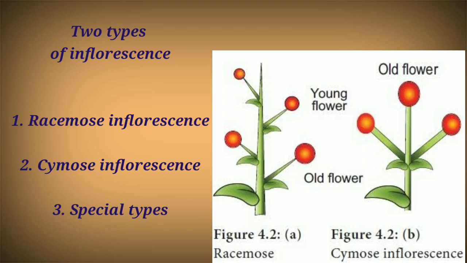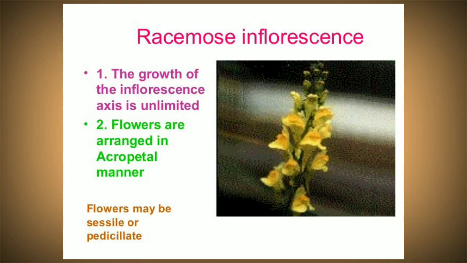Now let's first discuss the racemose inflorescence. In the racemose inflorescence, the main axis, that is the peduncle, possesses a terminal bud which grows indefinitely, giving rise to lateral and axillary flowers.